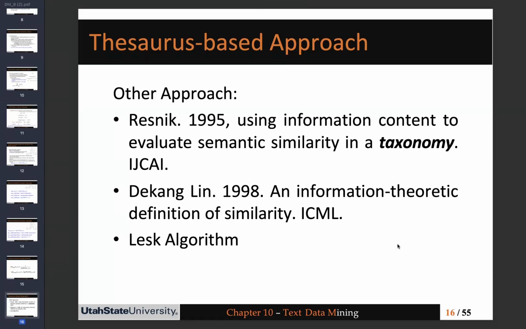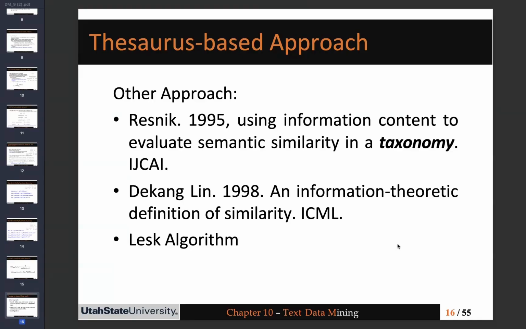So far, these are the thesaurus-based approaches based on WordNet that we're going to talk about. There are other approaches as well, such as Resnick 95, which uses information content in order to evaluate those semantics. There is also the 98 information theoretic definition of similarity, and another algorithm known as the Lesk algorithm.